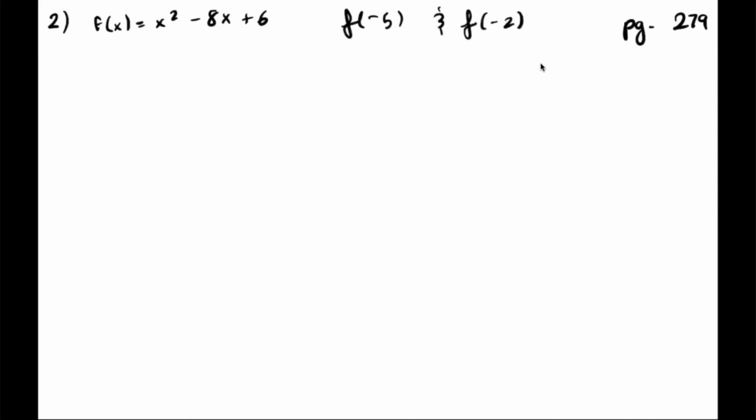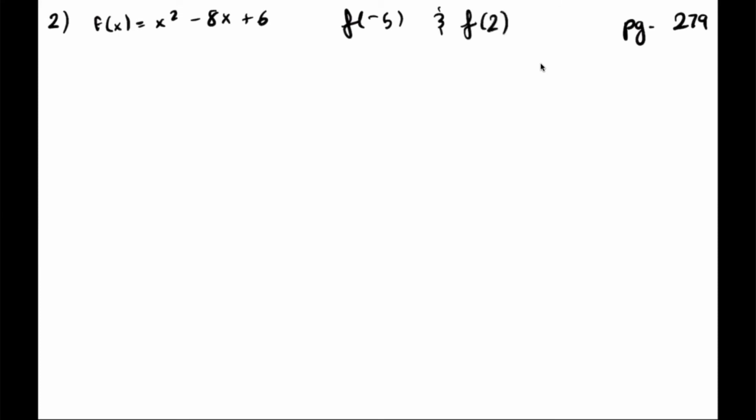Let us do question number 2 in the book on page 279, which says f of x is equal to x squared minus 8x plus 6. And they say use synthetic substitution to find f of negative 5 and f of 2.